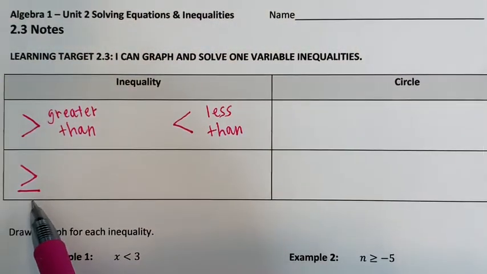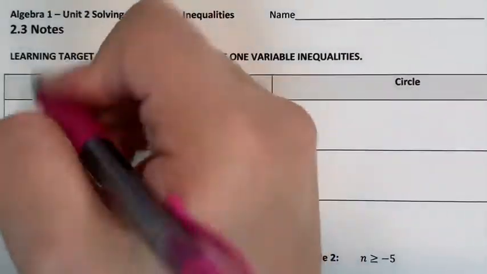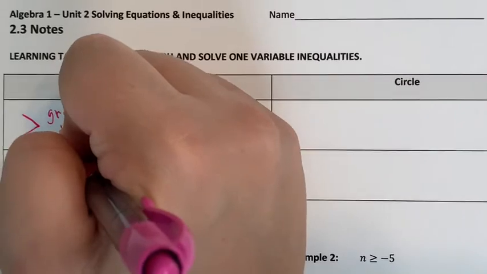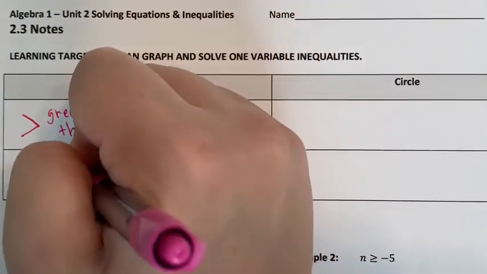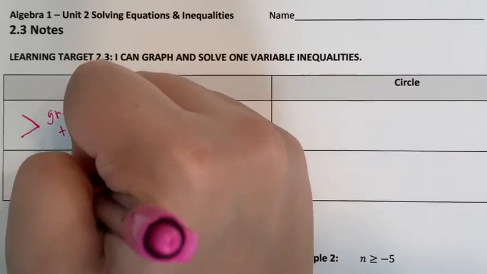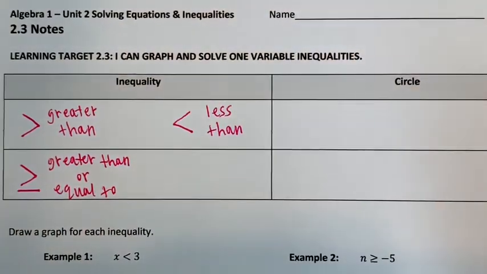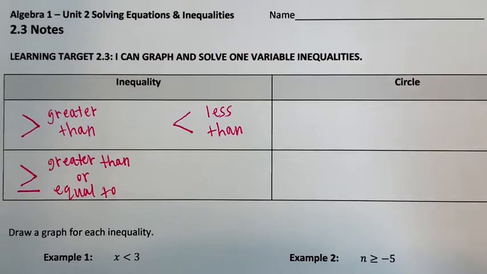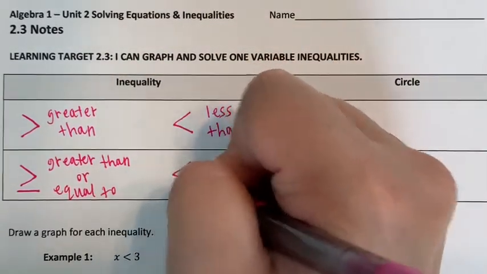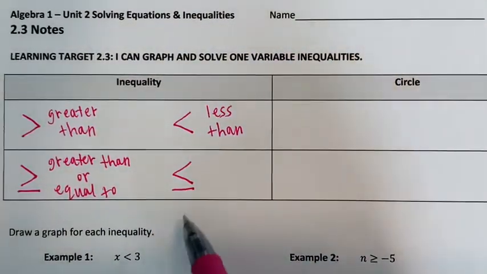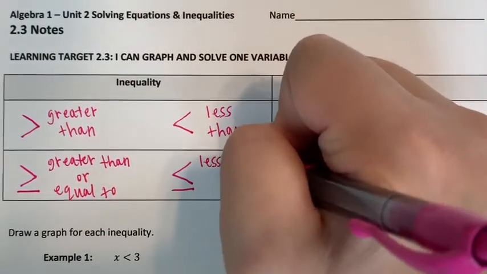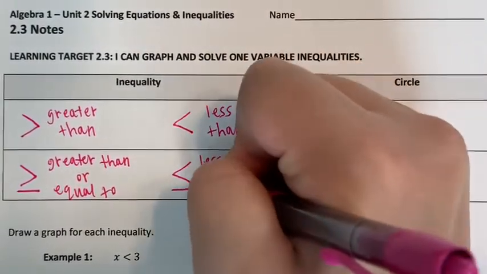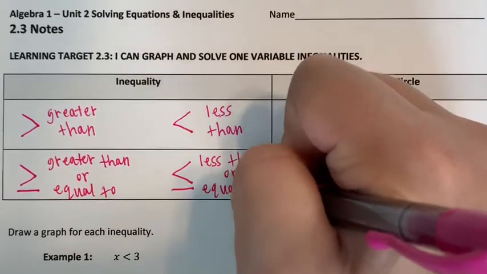It looks like the greater than sign, but there's a bar under it, or equal to. And then same thing here, less than or equal to. So it's got the or equal to bar underneath it.